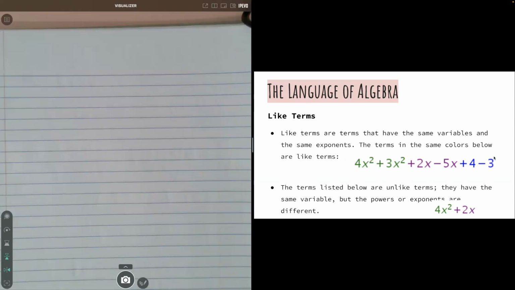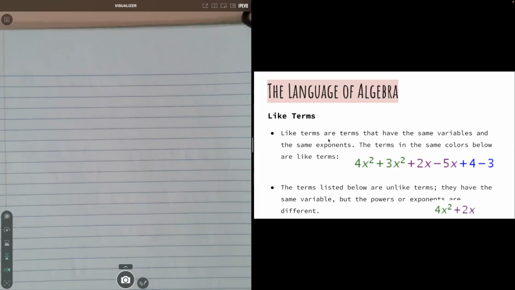Because we use the signs in front of them, this term is negative 3, right? We can't just say it's 3 and it's being subtracted. When we list terms, we always use a sign in front of them. And if there's no sign in front, we say it's positive. So here, this is positive 2x, and this is negative 5x.